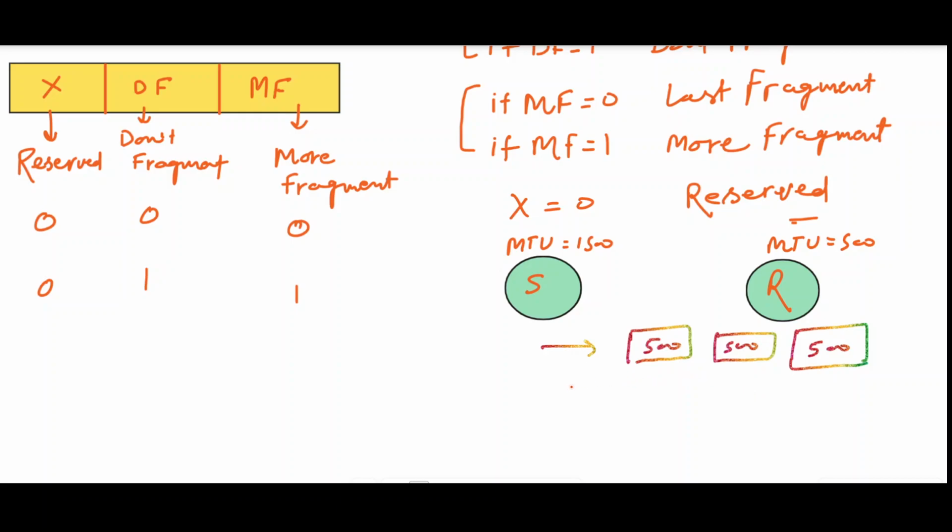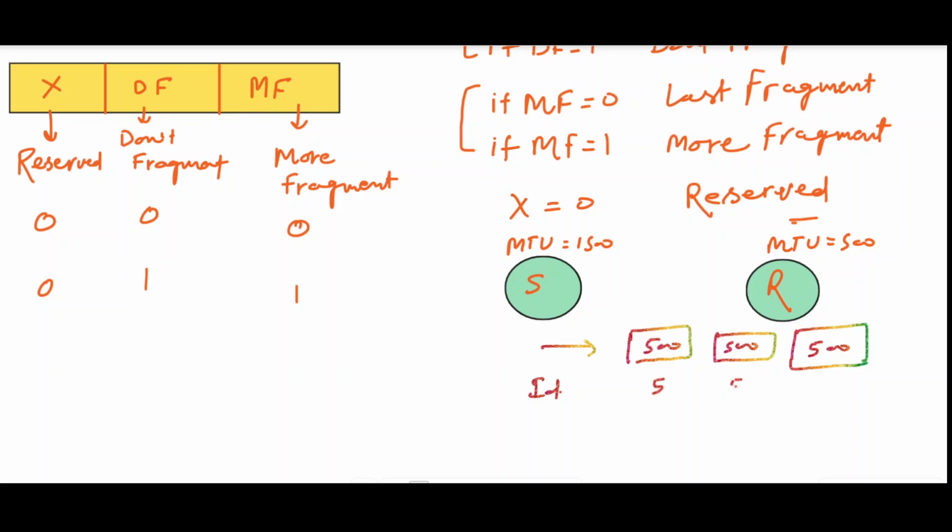That means each fragment will use an identification number, ID. Here we are using ID for identification. According to the definition of identification, what you understand, it should be the same value for each fragment. Clear? So we will use 5.